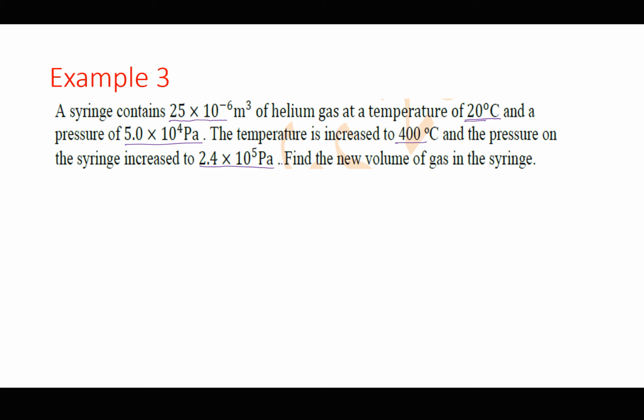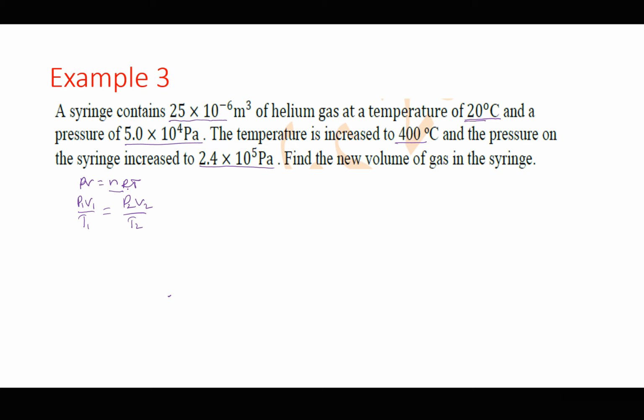Assuming the gas behaves as if it is ideal, then we shall say that PV is equal to nRT. If the gas is behaving as if it is ideal, then PV is equal to nRT, or P1 V1 over T1 should be equal to P2 V2 over T2, because after all, n and R will remain as constants.